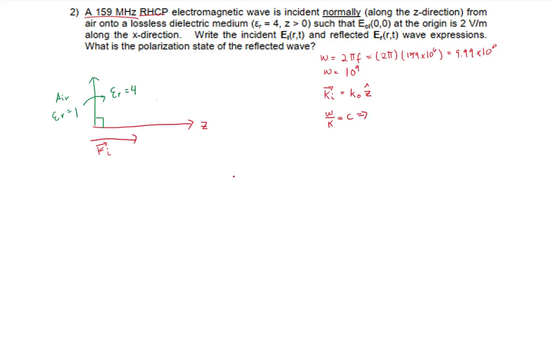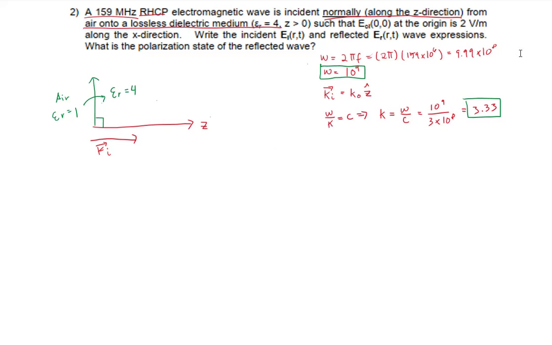Rearranging the terms, we get k equals omega over c, and that just comes out to 10 to the 9 divided by the speed of light, and you still get 3.30. So we've done this, also drew this.